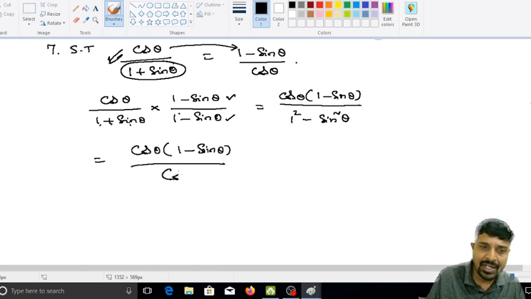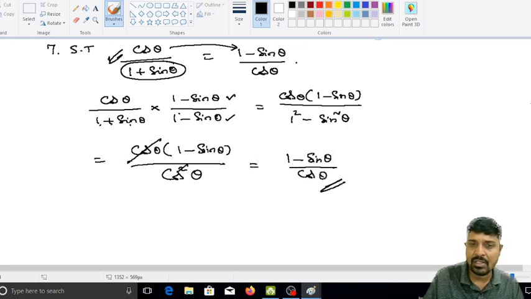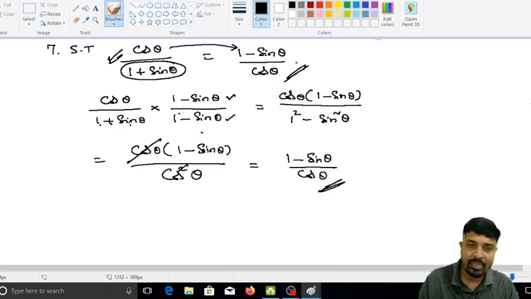So what is 1 minus sin square theta? Cos square theta. See, this cos theta will be cancelled with the square, and the answer is 1 minus sin theta over cos theta. So this is what we have to prove. Isn't it easy? I'll go for the next one.